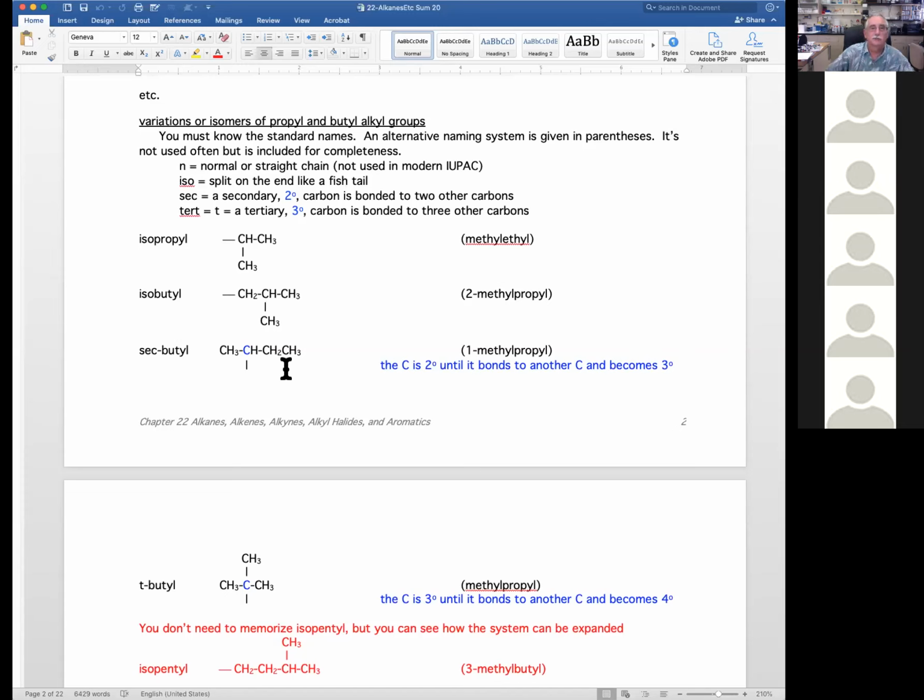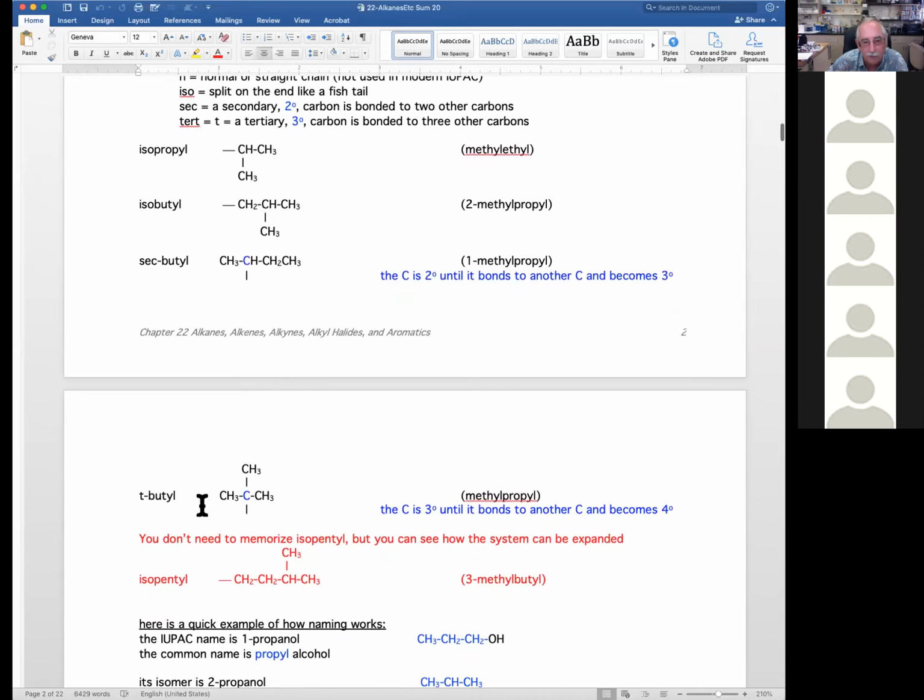And that's confusing because if it bonds to another carbon, it would then become a tertiary carbon. And if you look at tert-butyl, which stands for tertiary, that carbon, before this whole thing bonds to something else, that carbon right there is bonded to 1, 2, 3 other carbons. When it bonds to another carbon, then it becomes quaternary.